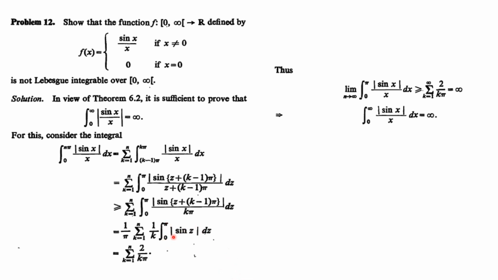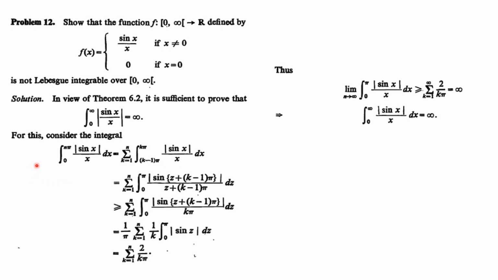So you can integrate this; it will be minus cos z. When you substitute the limits, it will give you the value 2. So substituting the value of this integral, we get the summation for k varying from 1 to n of 2 upon k pi.